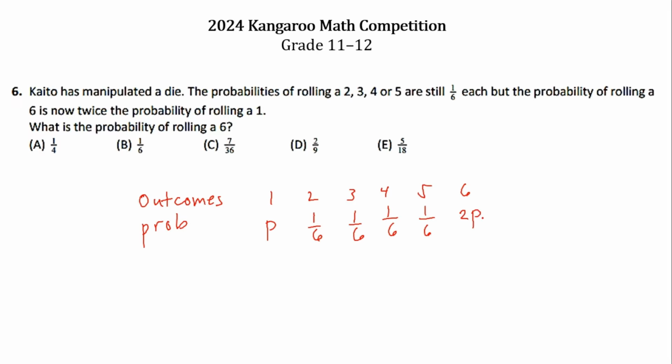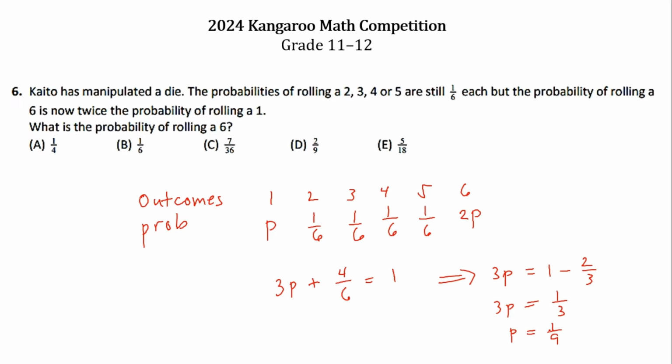Alright. Now the sum of the probabilities is equal to 1. So we have the equation 3p plus 4 over 6 equals 1. Rearranging, we get 3p equals 1 minus 2/3. So 3p equals 1/3, so p is equal to 1 over 9.